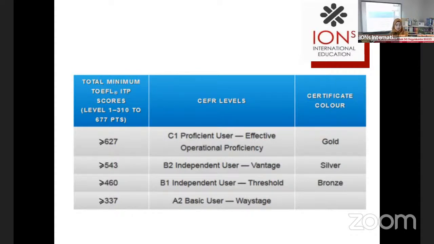Here the levels are already provided. If you get 500, it means that you are in B2. So your level is B2 if you've got 500. You can check it again.